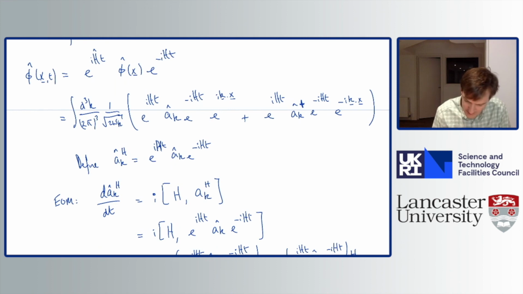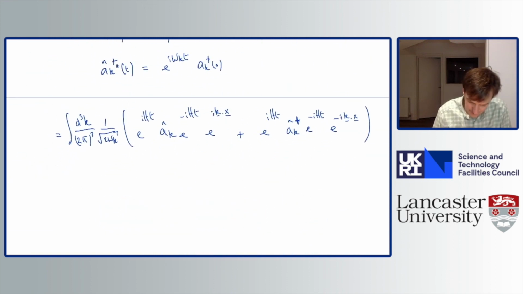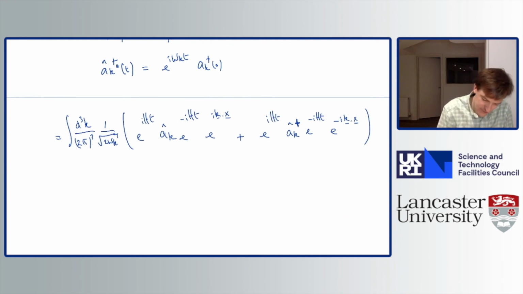We can start to manipulate it again. Phi as a function of x, t. I can now replace that Heisenberg quantity because I know how it evolves with time.